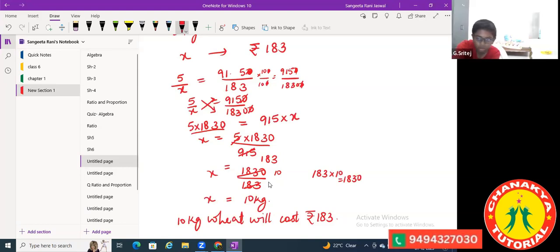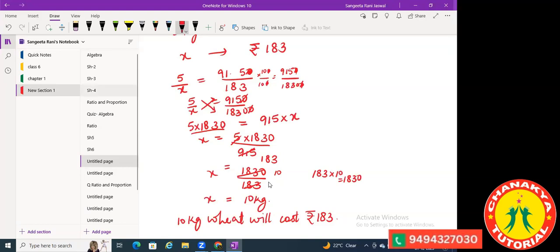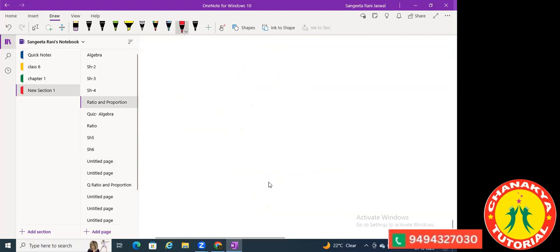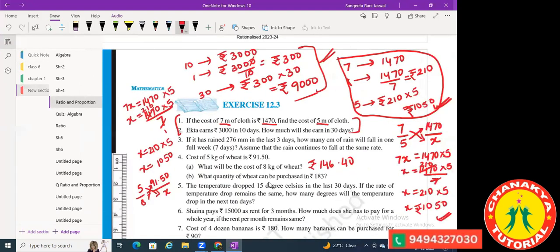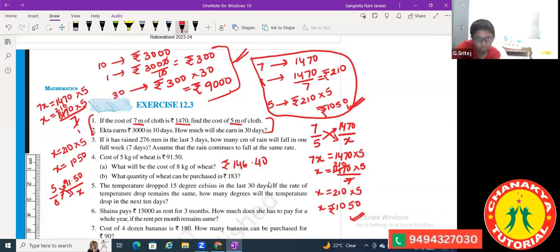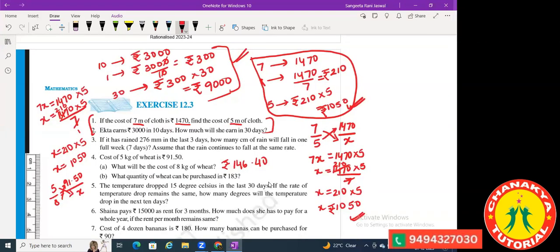Can you once go to the question? Yes, it's here. Got it? What quantity of wheat can be purchased in rupees 183? It's asking how much quantity can be purchased in this much money.